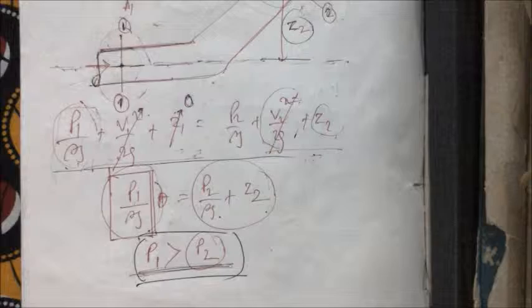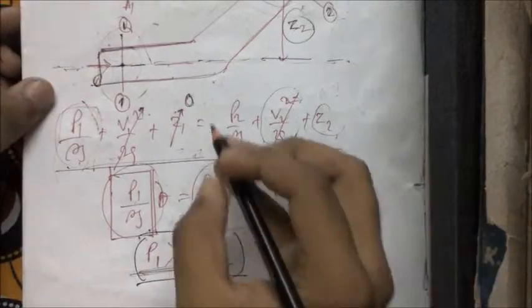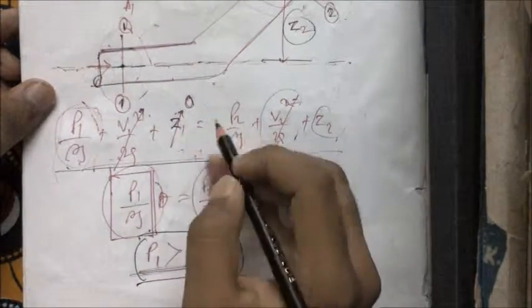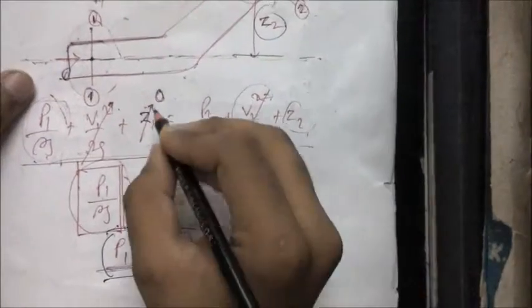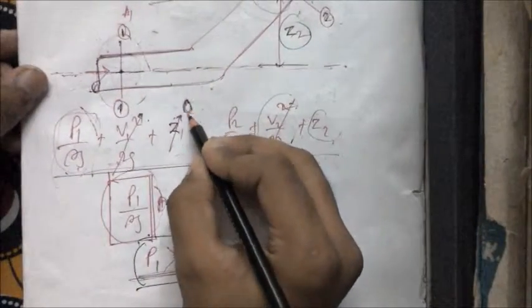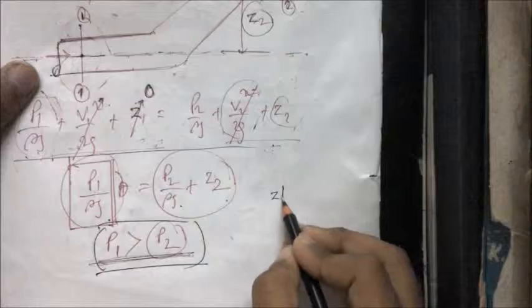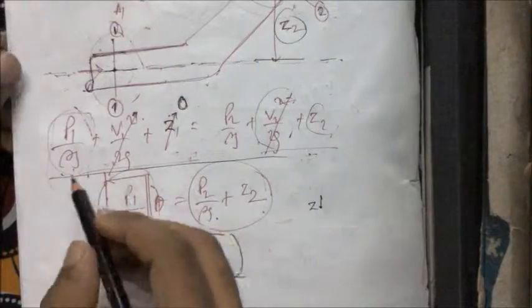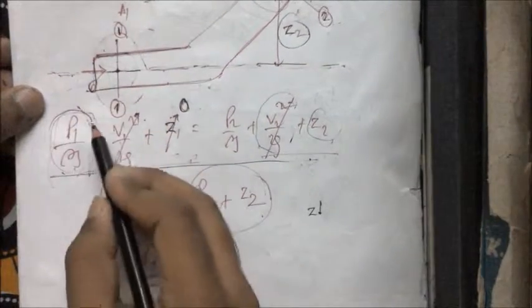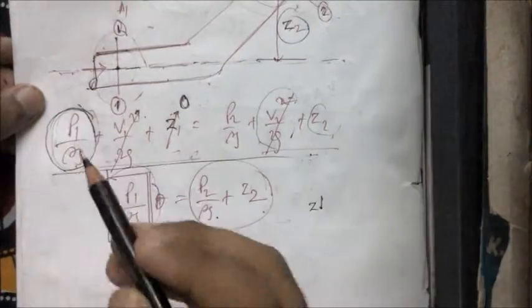Actually this is Bernoulli's principle. Here you have seen that the elevation in this problem is 0. That means elevation has gone down on this side. So to balance the equation, your pressure must be higher.